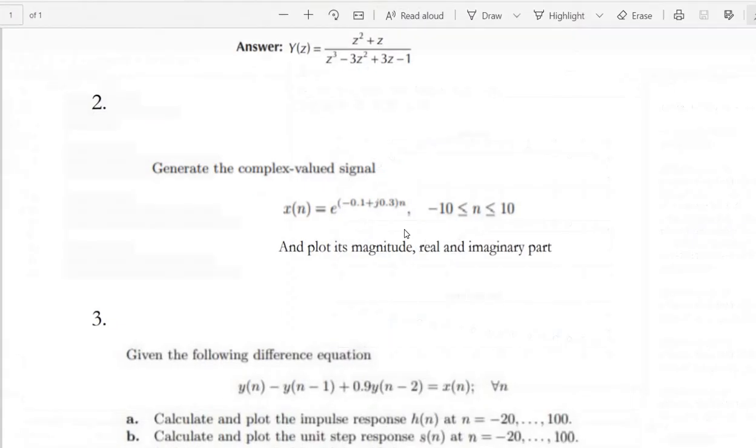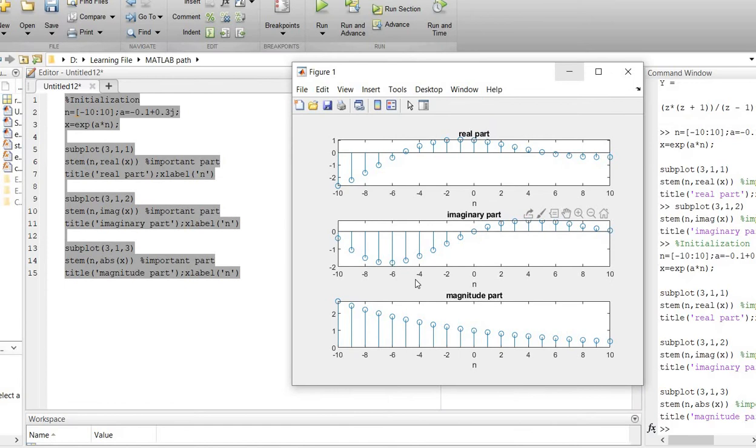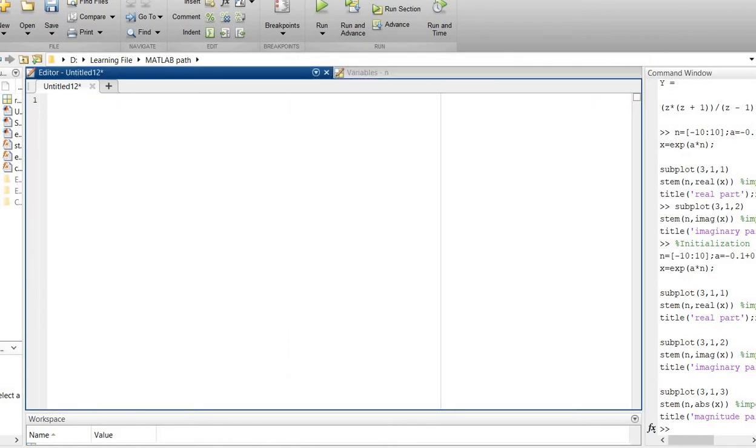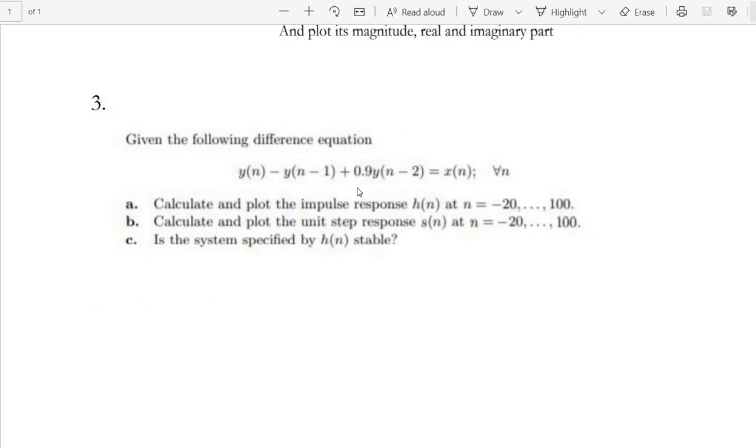So we've already made the second one. So let's go for the third part. Okay, so we're going to erase this. Okay, so first let's understand the problem. Okay, so given the following, this is a difference equation. So this is the function of y, this is the function of x. So the first part would be to calculate and plot the impulse response h of n at this boundary.